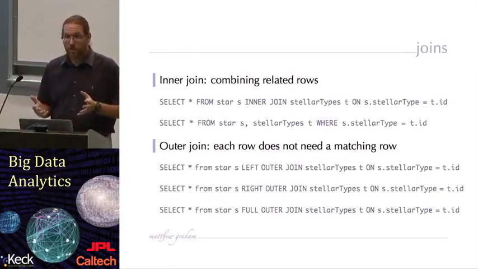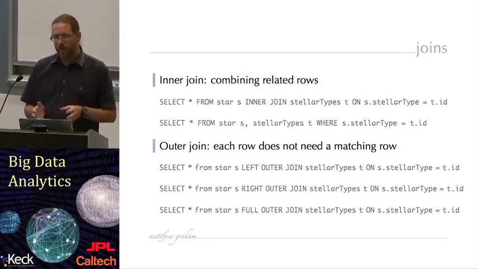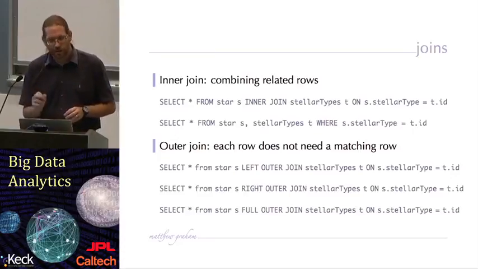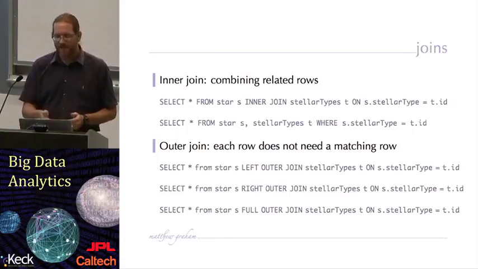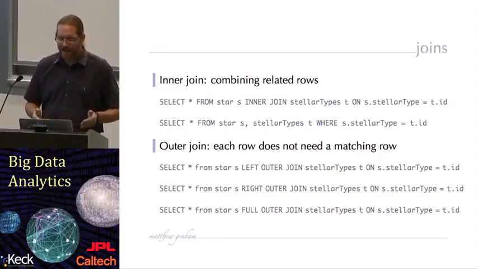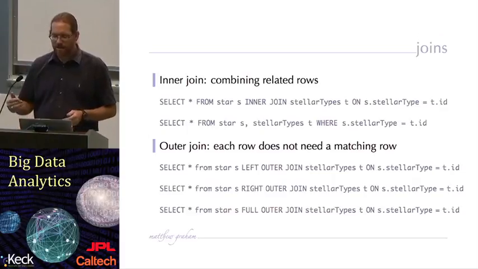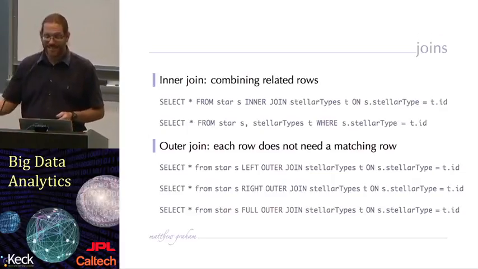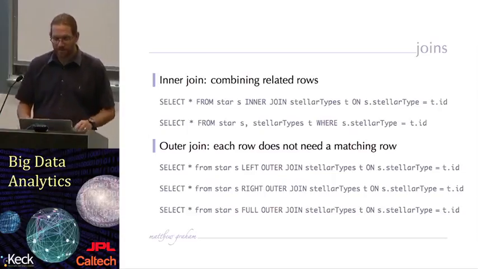There are two ways of specifying the syntax for this type of operation, and these are given. One formally uses the inner join construction. The other one just says select from this table and this table where table S, aliased S, which is the star table, the stellar type column there has the same value as the ID column in table T, where we've defined T to be the alias for the stellar types table.